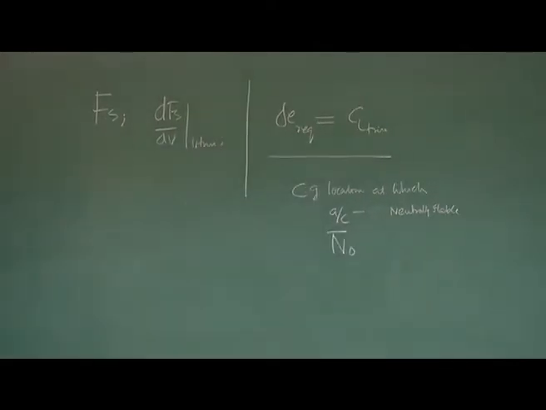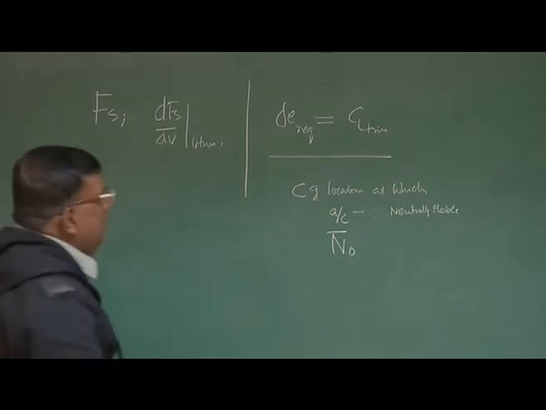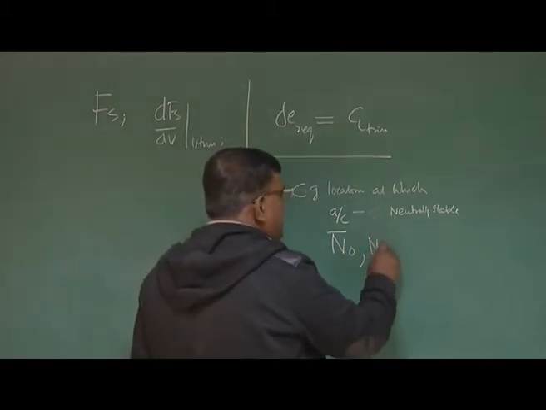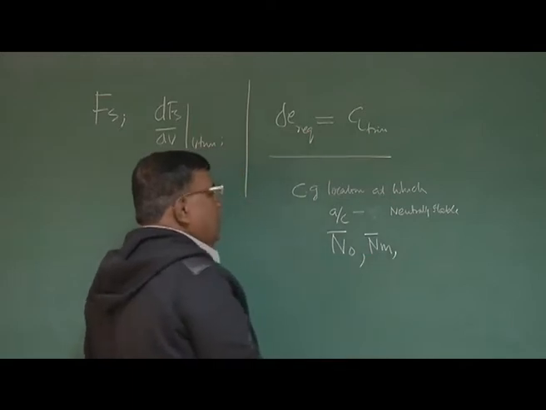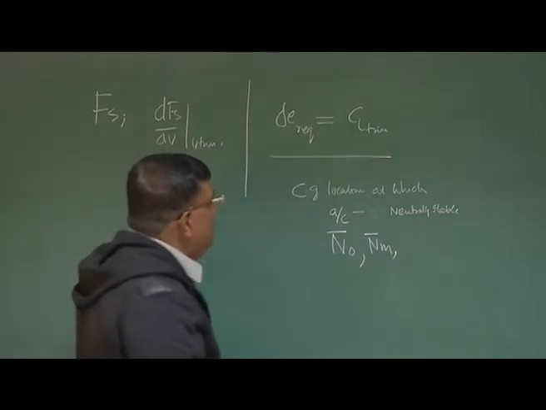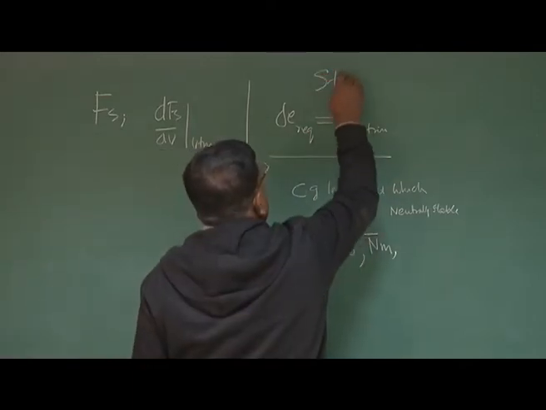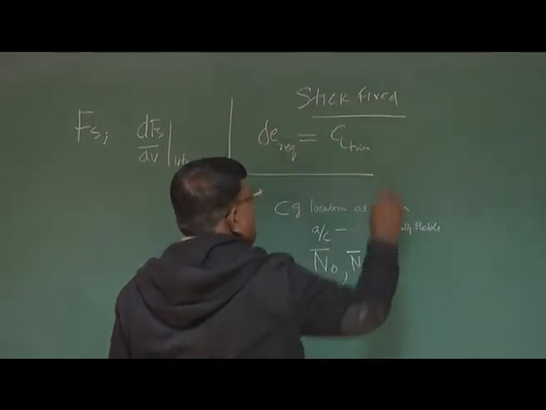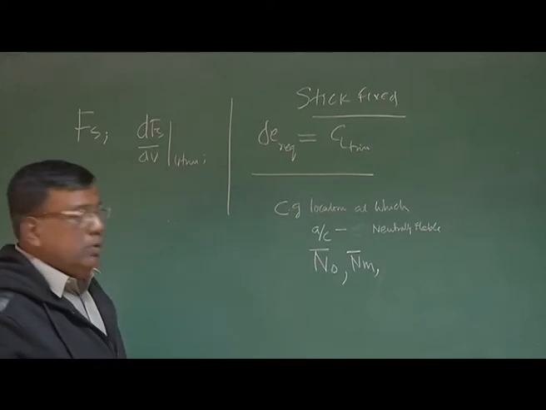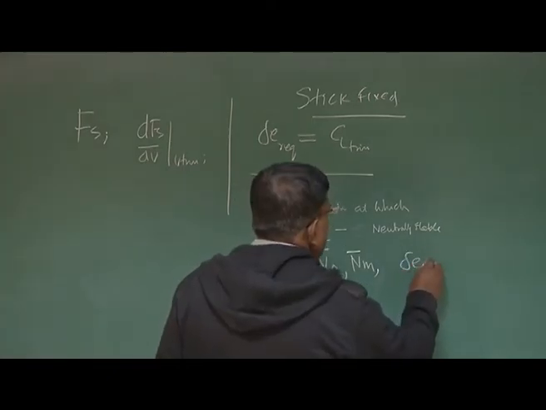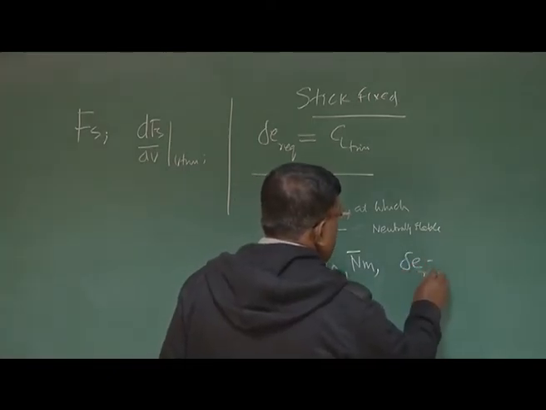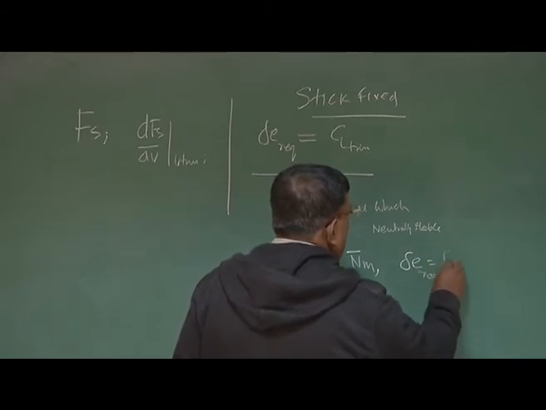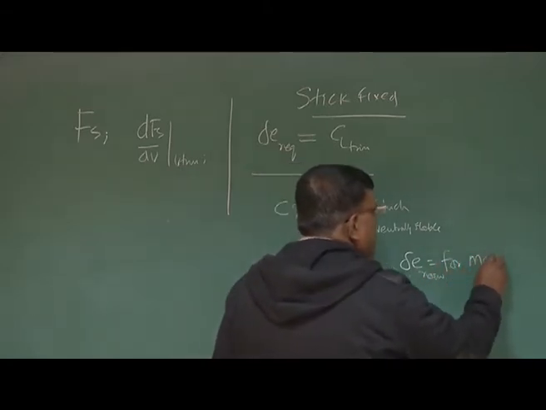Then we have done maneuvering flight, and there we have defined NM, the maneuvering point. These are all stick fixed, right? These are all stick fixed. That is, we have not allowed the elevator to float. Then we have also calculated what is the delta E required for a maneuver.